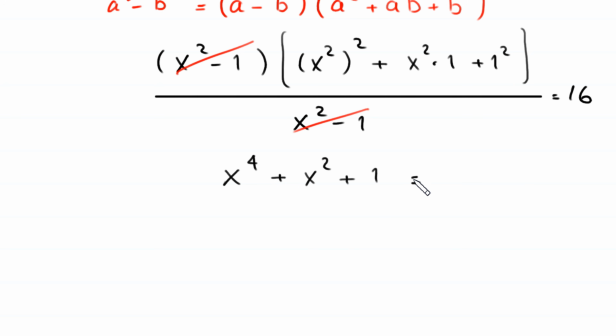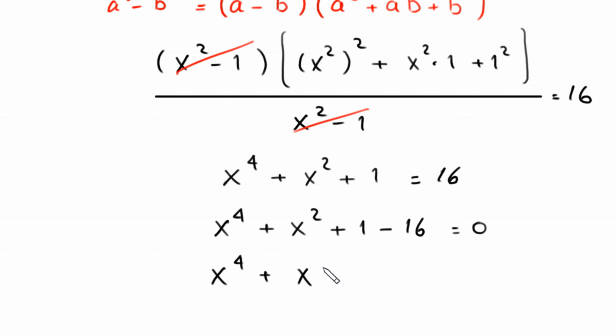Move this 16 to the left hand side. This will become x to the power 4 plus x squared plus 1 minus 16 equal to 0. Further simplifying, this will become x to the power 4 plus x squared minus 15 equal to 0.